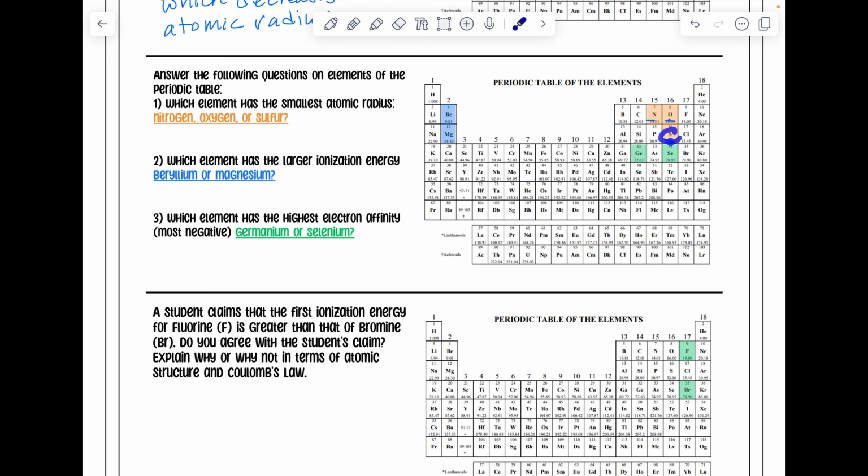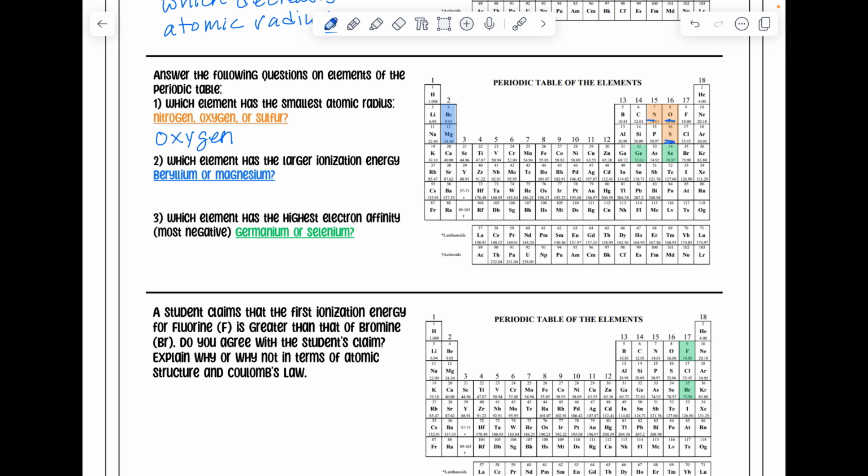But then we have sulfur down here, and sulfur is at energy level 3. So it's further away than oxygen. And again, it has more protons, but it's at a higher energy level. So we're going to go with oxygen because it's at energy level 2 and it has more protons. So oxygen is the correct answer.